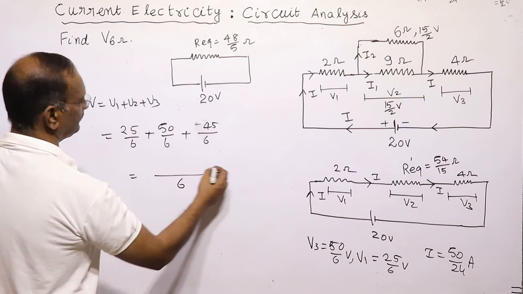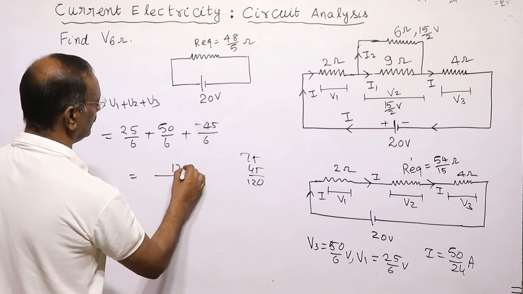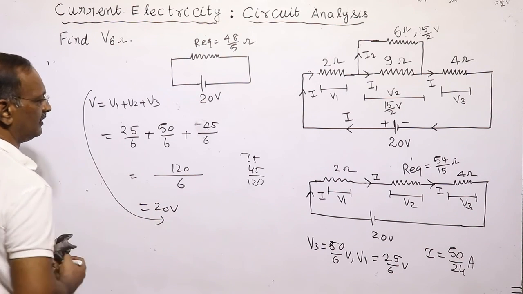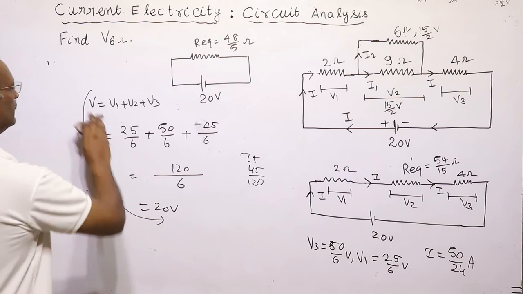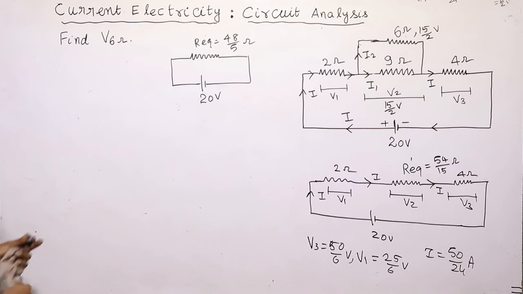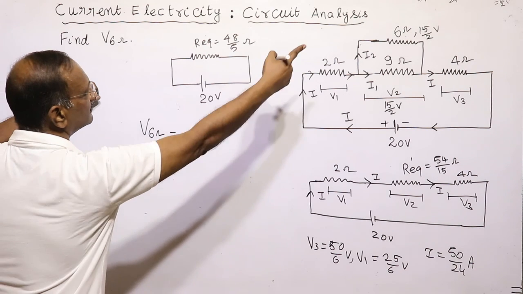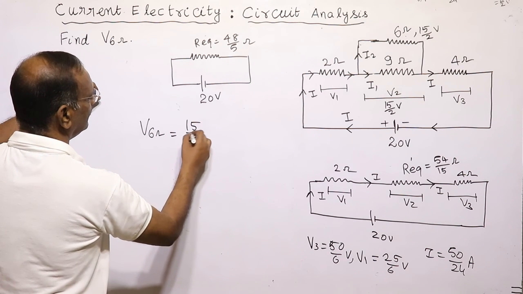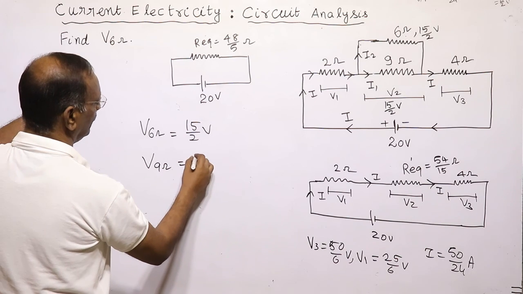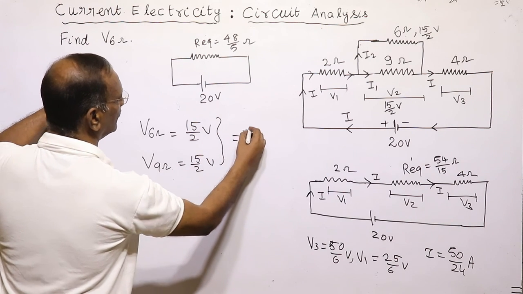So 25 plus 50 plus 45, that is 120, 120 divided by 6 is equal to 20 volt. So V is equal to 20 volt. Our calculation is right. Therefore, V across the 6 ohm, that is the top one, is equal to 15 by 2 volt. V across the 9 ohm is equal to 15 by 2 volt. Both are equal to V2.